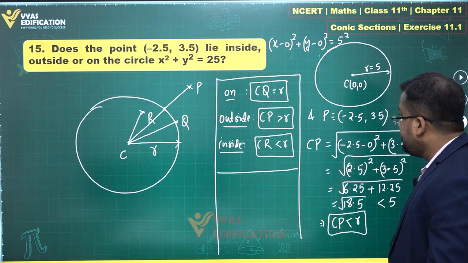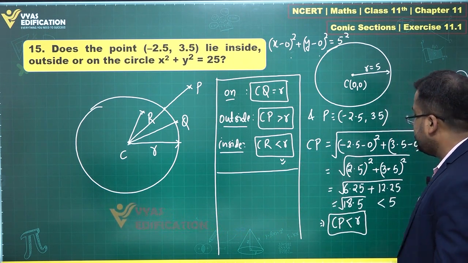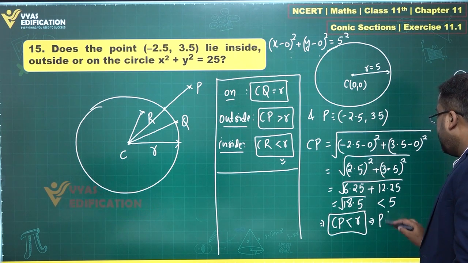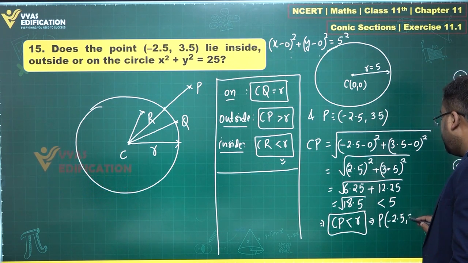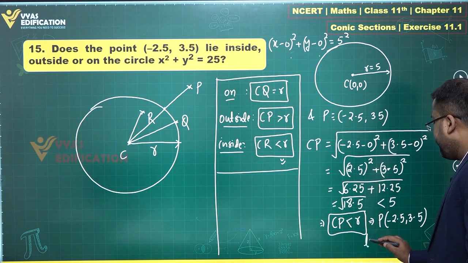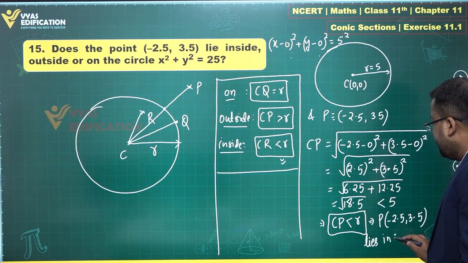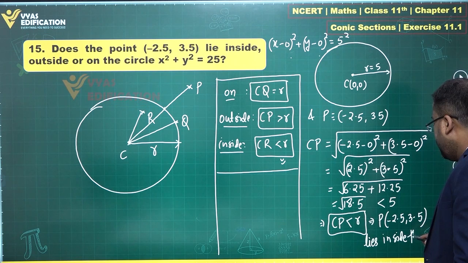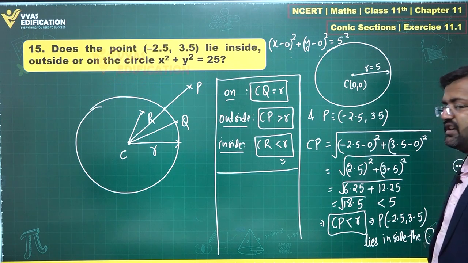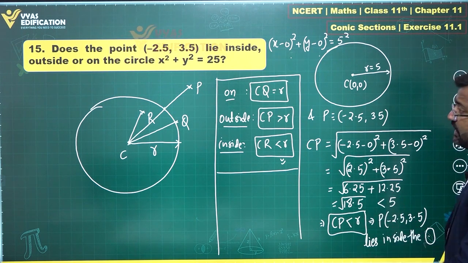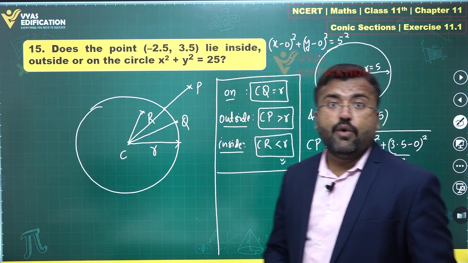If CP is less than the radius, then you can say that point P, that is minus 2.5 comma 3.5, lies inside the circle. That's what you can note. This is the complete solution of this question over here.